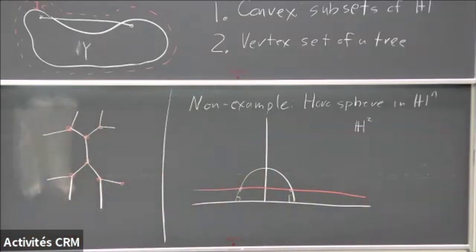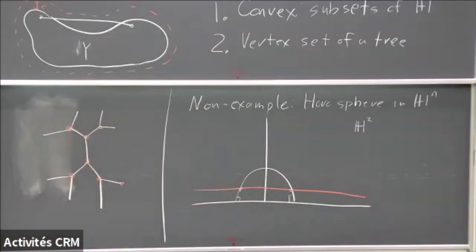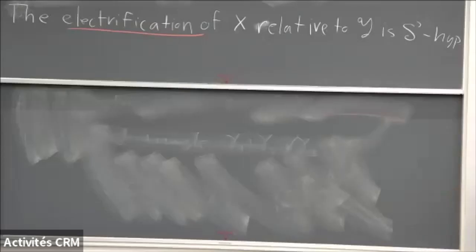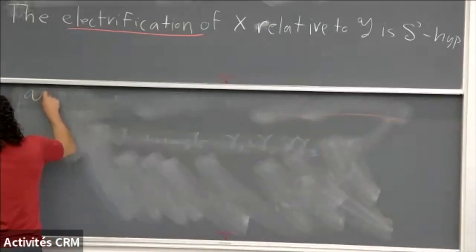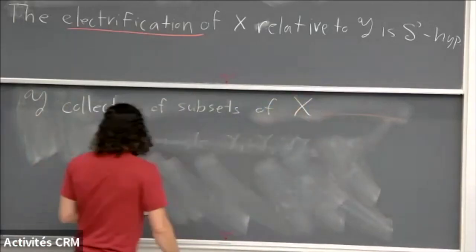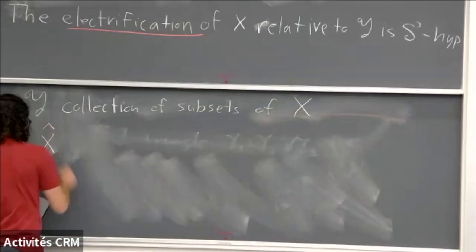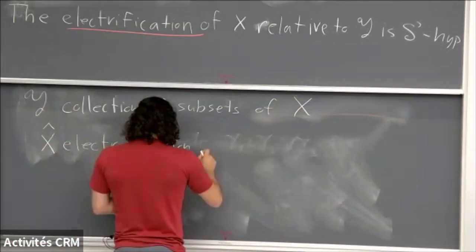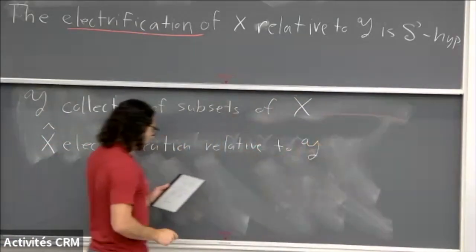Okay. But this is also often called the cone-off. It's maybe a term you've heard before. It's a way of collapsing subsets of your space to have bounded diameter. All right. So I have script Y, a collection of subsets of X. We're going to define the space that I'll call X hat, the electrification relative to this collection of subsets.